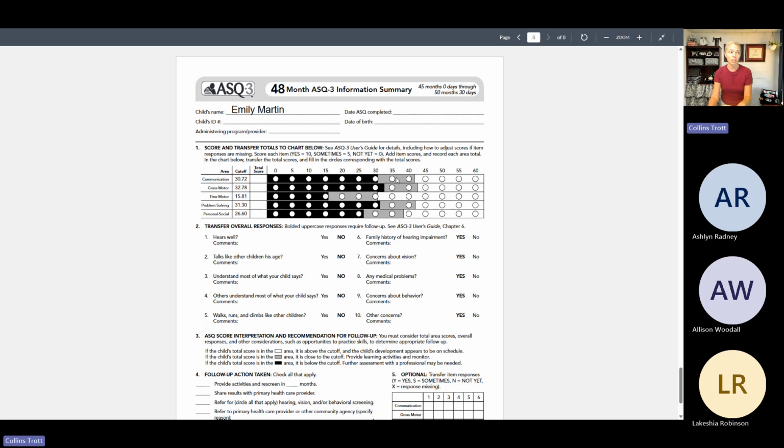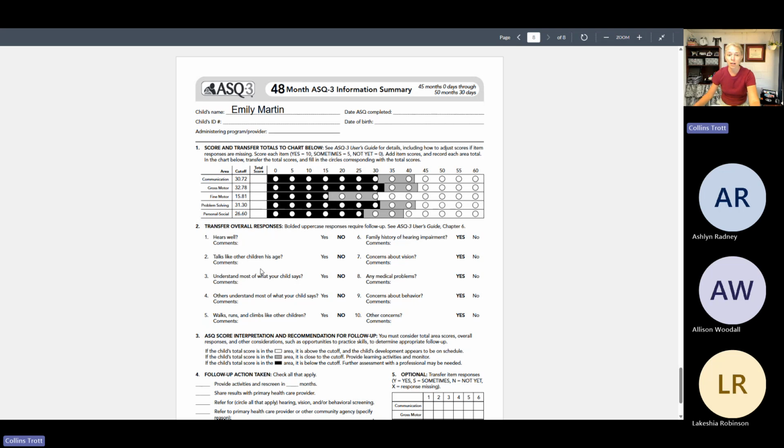So in this child scenario, what area is in the black? So communication is in the black.